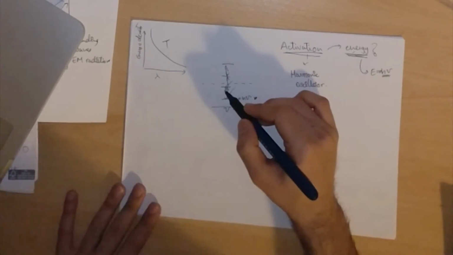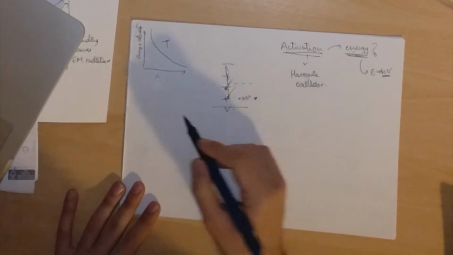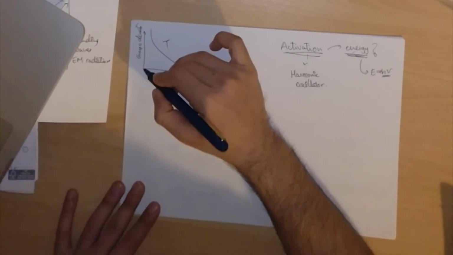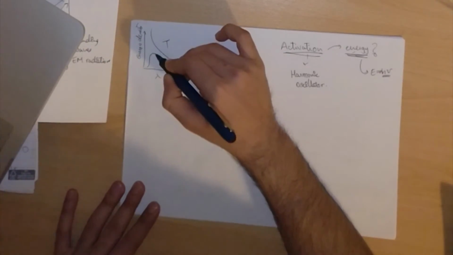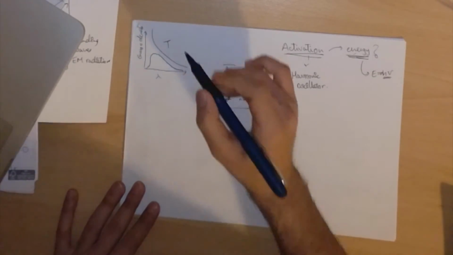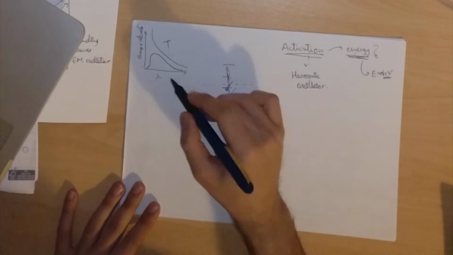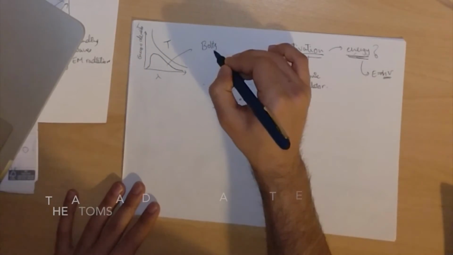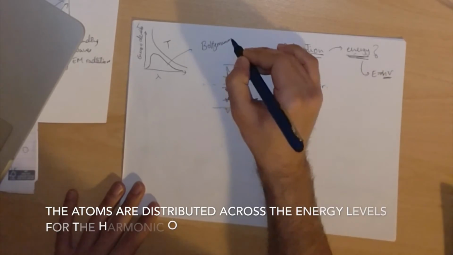Now, what does the activation of an energy level mean in terms of this graph? Well, if you look at the experimental results for a given temperature that's sufficiently high but not too high, you're going to see a distribution that looks something like this, which might look familiar because it looks a bit like a Boltzmann distribution.